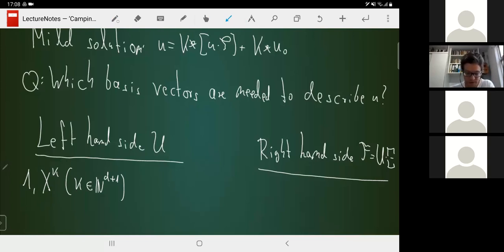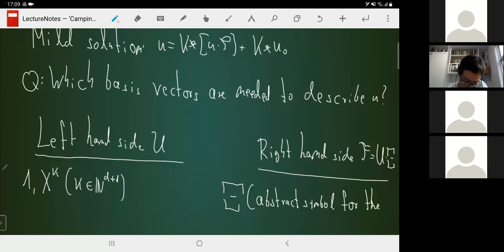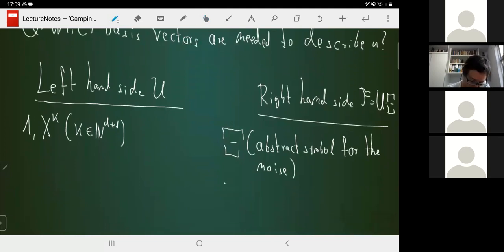Okay. So what happens then? The right-hand side is u times xi. So to describe the right-hand side, we need xi, which is a so-called abstract symbol for the noise. It's an abstract basis vector symbol for the noise. And we need x to the k times xi.